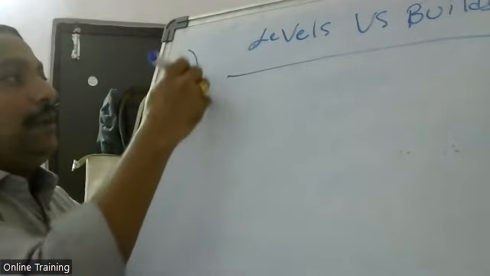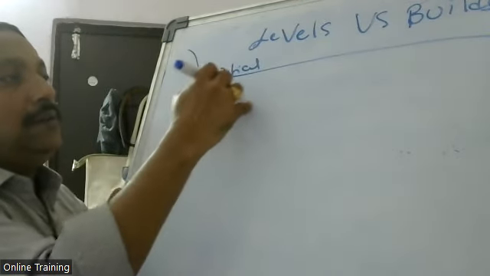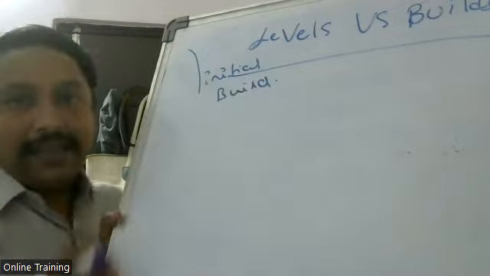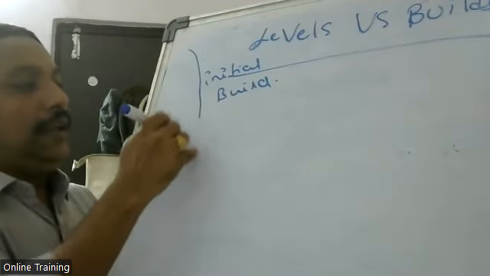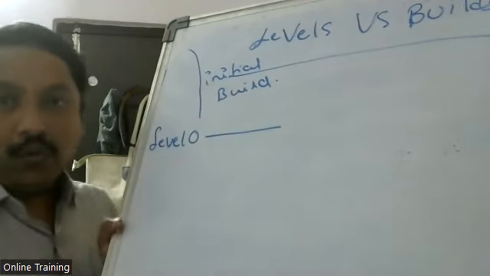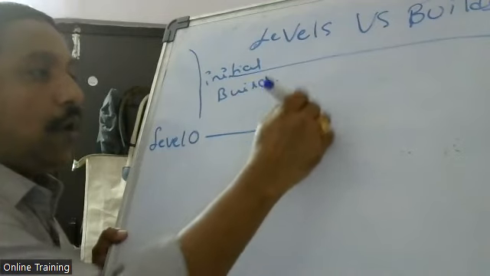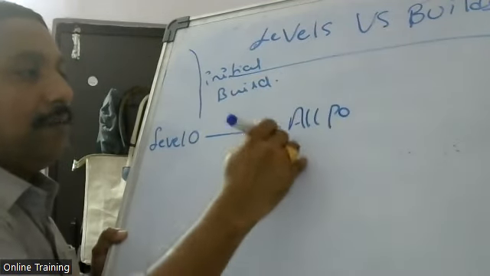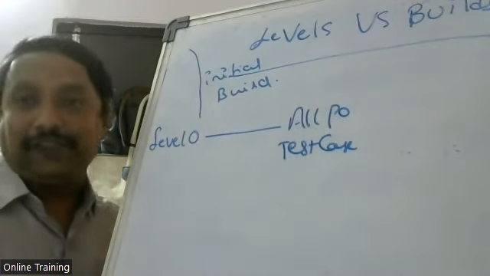First, the initial build: we get the build from the developer. Once you get the initial build, in level 0 we are going to check all P0 test cases. P0 is nothing but basic functionalities.